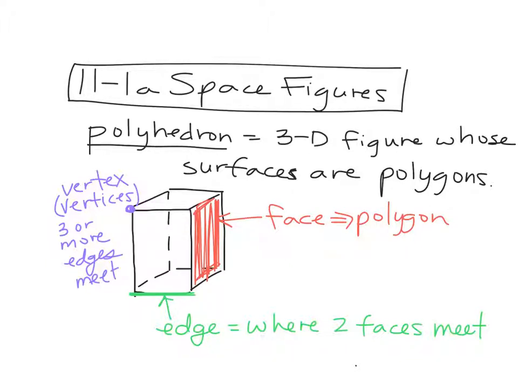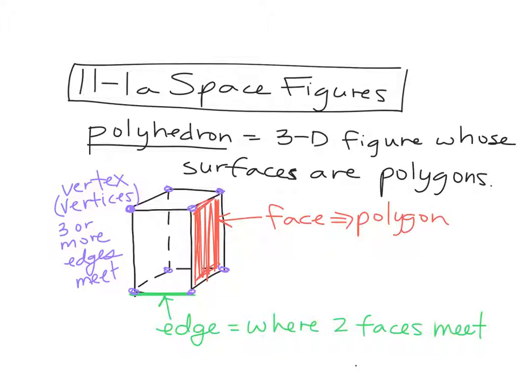Okay. So how many vertices do you see in this picture? There's 8, right? 1, 2, 3, 4 up on top. 1, 2, 3, 4 on bottom. So there's 8 vertices. How many edges are there? Not 10.